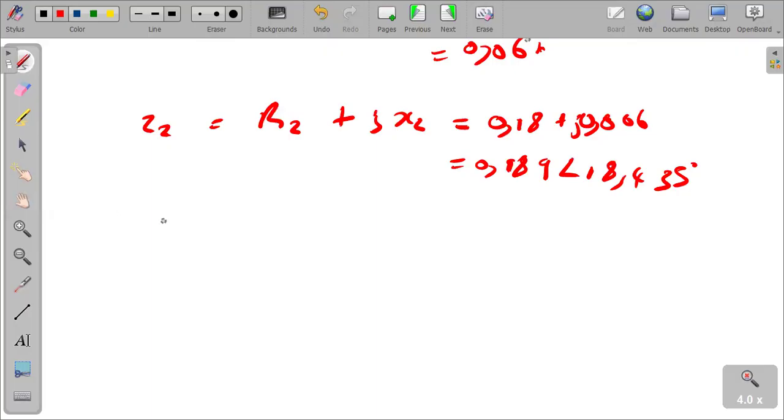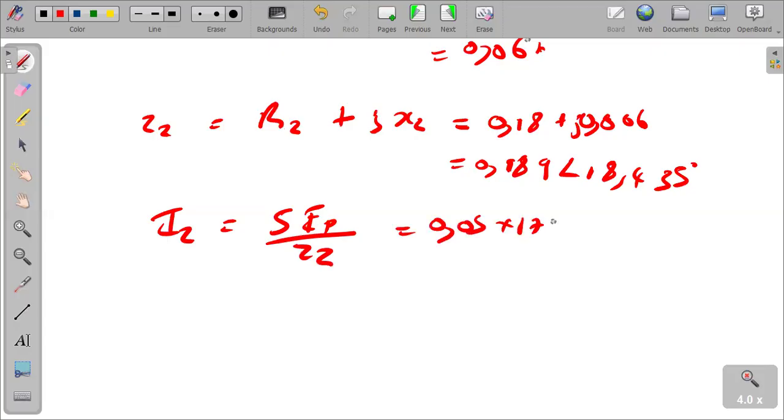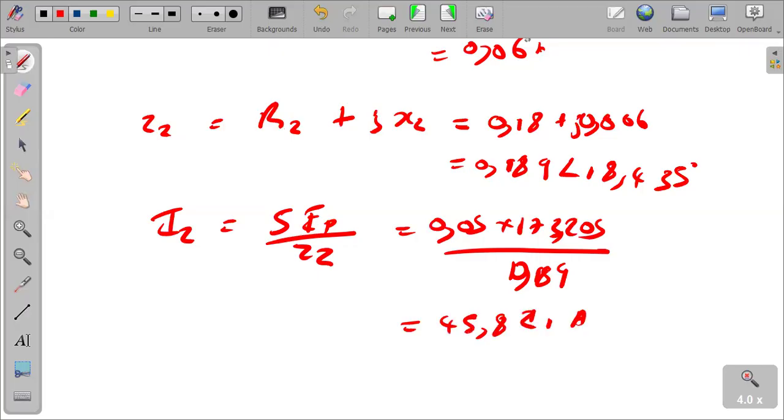It means I2 is equal to S times EP over Z2, which is equal to 0.05 times 173.205 over 0.189, which gives us 45.821 amperes.